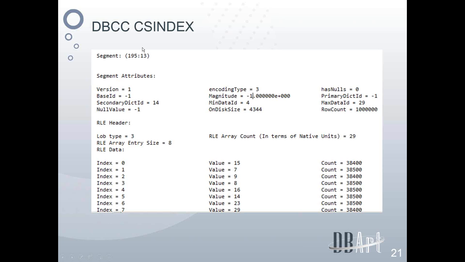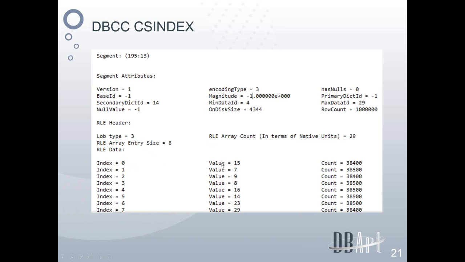Here is how the DBCC CSIndex output looks. The interesting things we can find here are RLE, so we know that this particular page is compressed using the RLE algorithm. We can see the new LOB type where this data is stored.